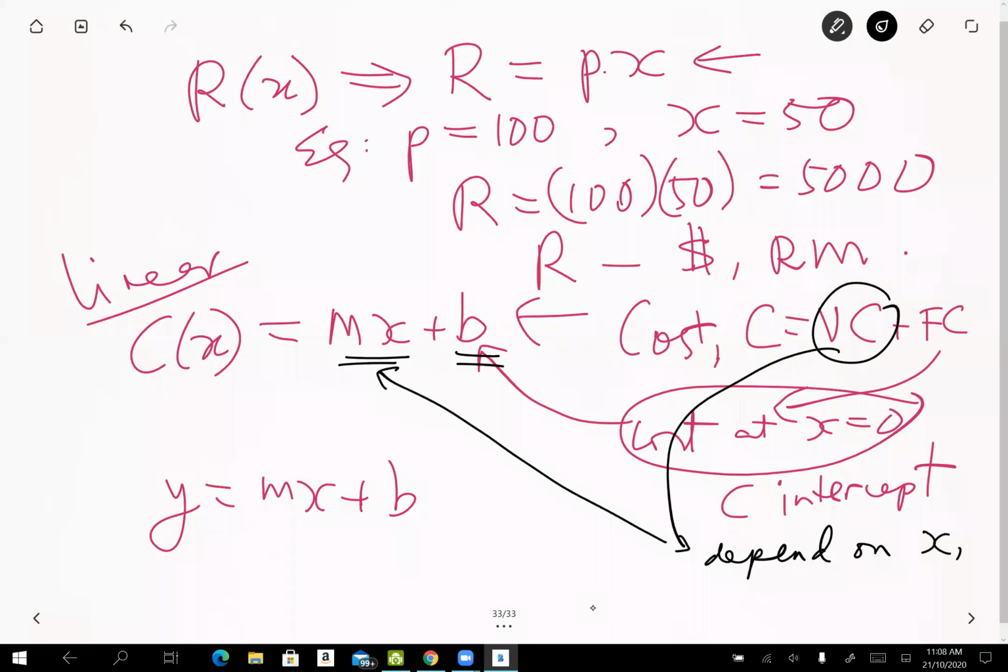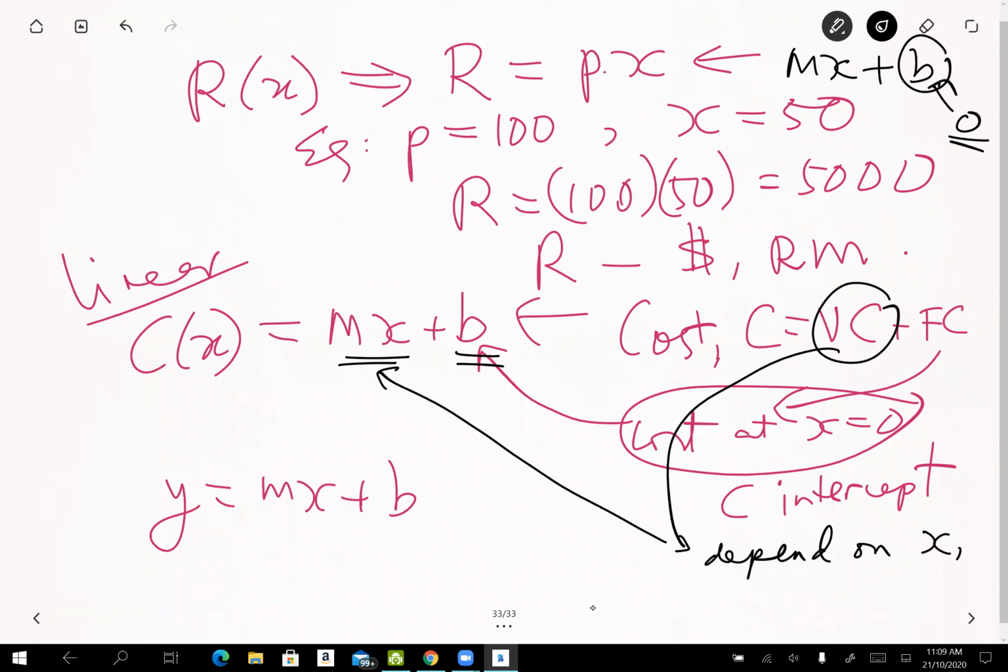For revenue, if you don't sell anything, you get nothing. So if you relate back to the mx plus b for the revenue, b is 0, because that is the y-intercept for revenue, that means the R-intercept.